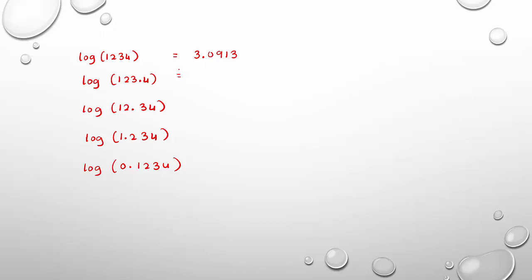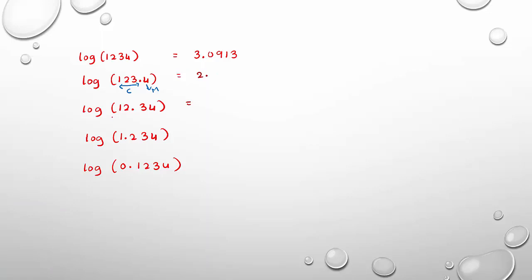Similarly, how to find the value of the second problem? The number is 123.4. The left side of the decimal point is called characteristic, and this is Mantissa. Now, we can observe the left side of the decimal point. How many digits are there on the left side? There are 3 digits. 3 minus 1 is 2 point.